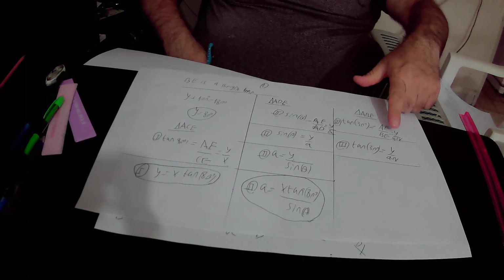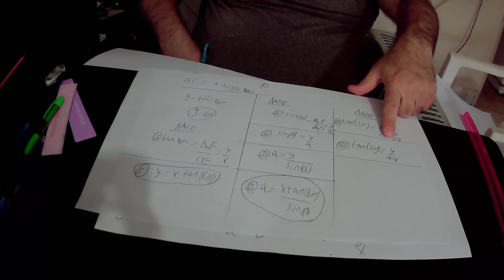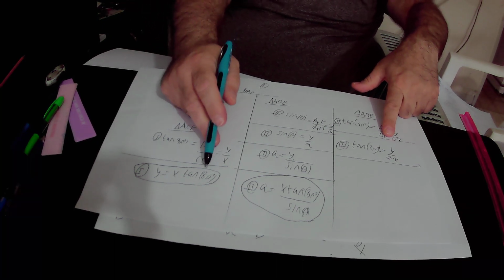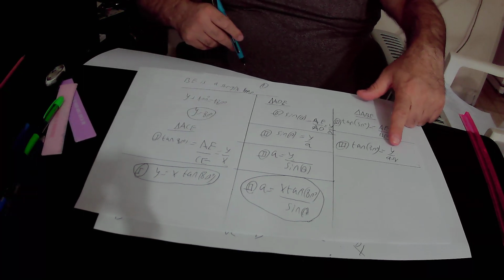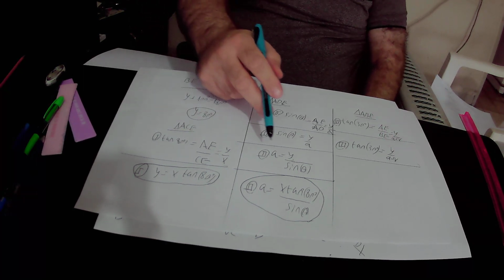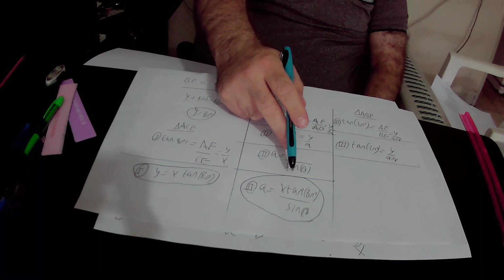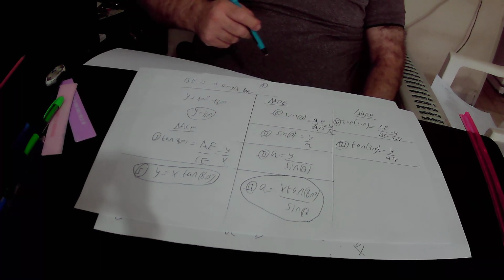Here we will substitute y by x tangent 80 degrees from equation number 1, and we will substitute a by x times tangent 80 degrees over sine theta from equation number 2.